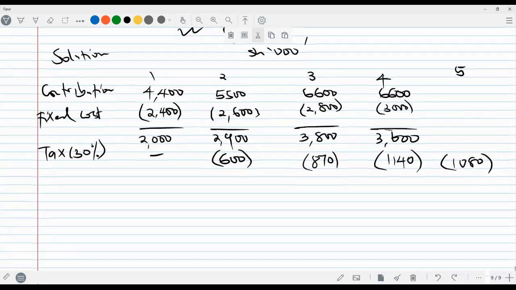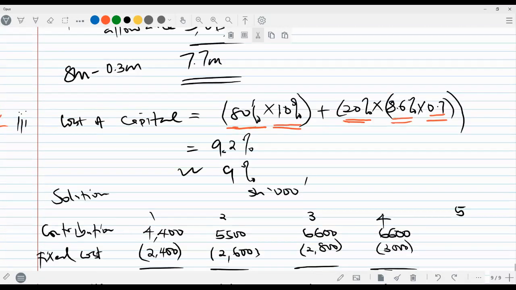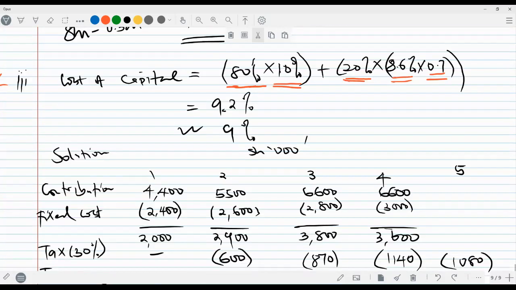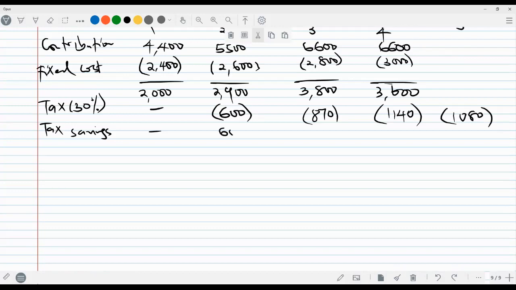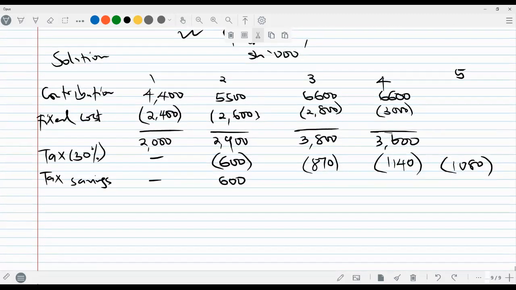Okay. Then don't forget you have tax savings. These are tax based, so they're also in arrears. The saving for year 1, from our calculation, we got 600. The positive is a cash inflow because they're saving. Year 2, 450.